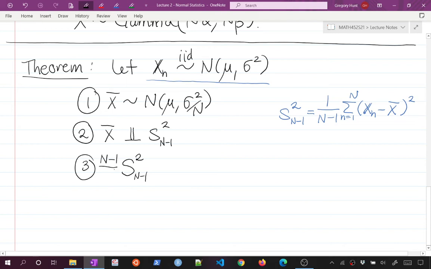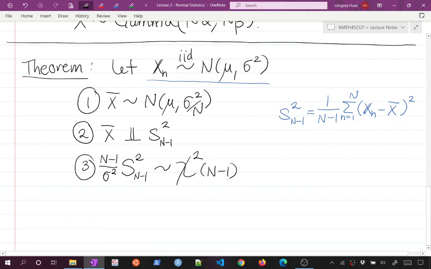So we're going to multiply by n minus 1 over sigma squared. If we multiply s squared by n minus 1 over sigma squared, it turns out that this quantity has what's called a chi-squared distribution, which is denoted with a Greek chi, 2 for squared, and it has a parameter associated with it.